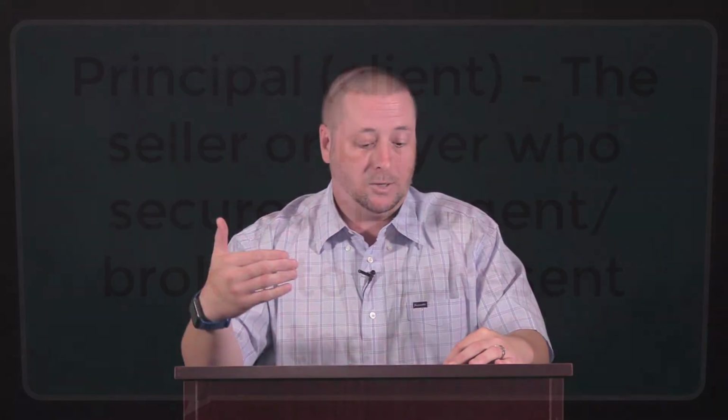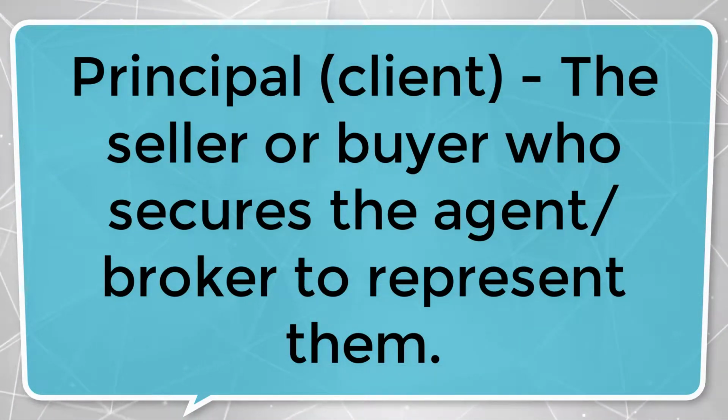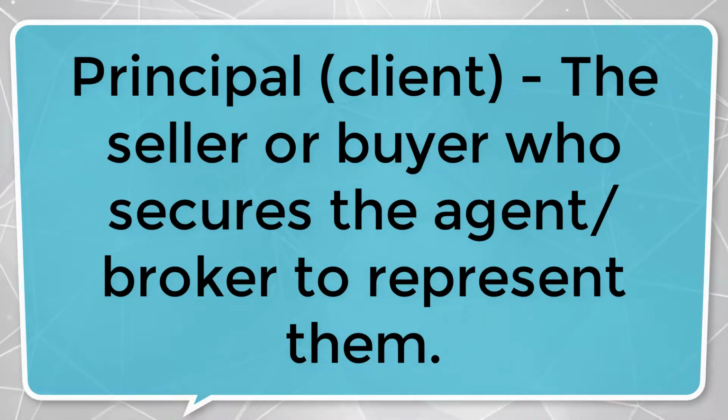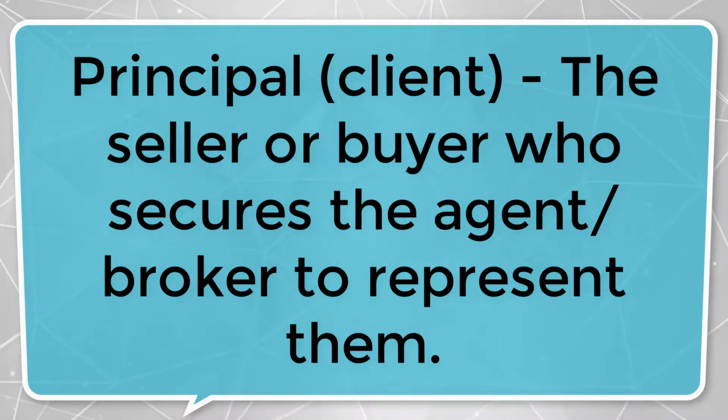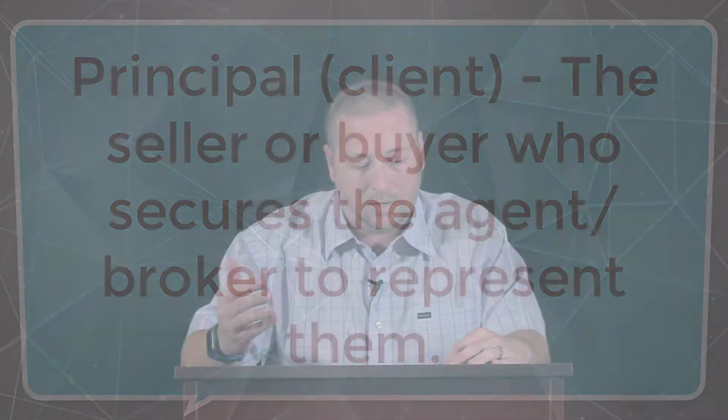Going further on, we mentioned the principal, also known as the client, is the seller or buyer who secures the agent/broker to represent them. That should be very clear after what we just talked about.